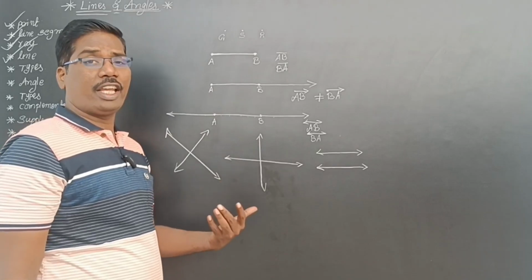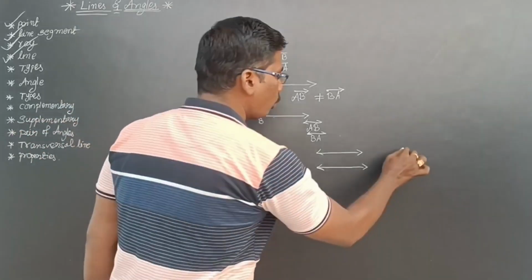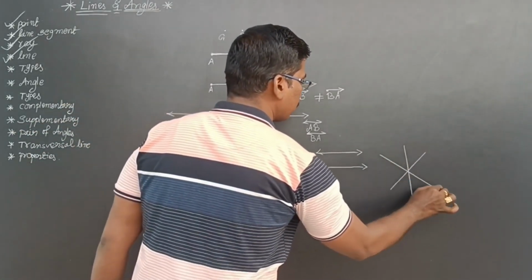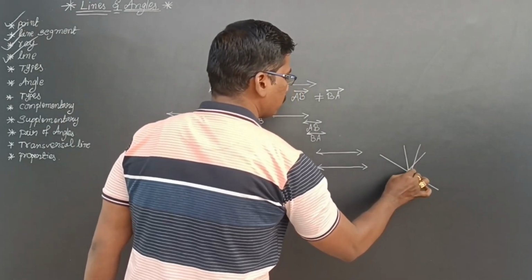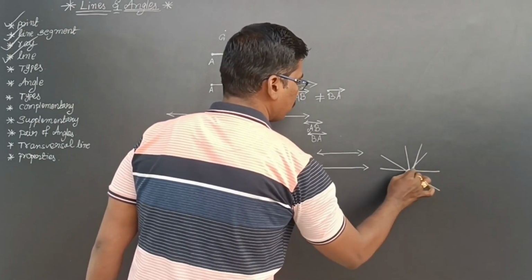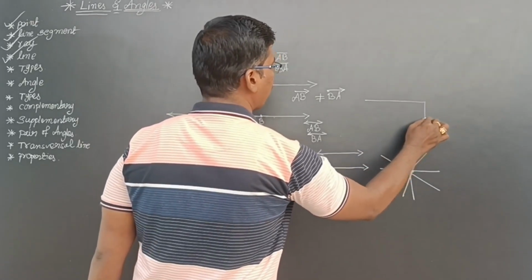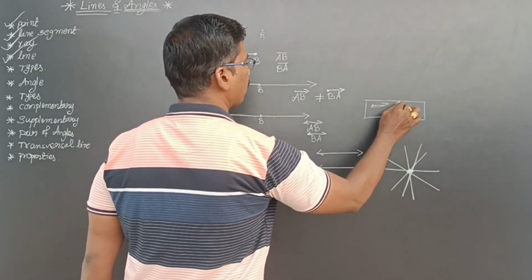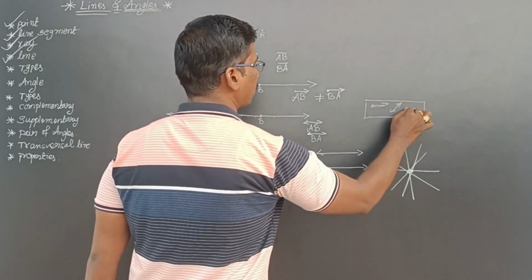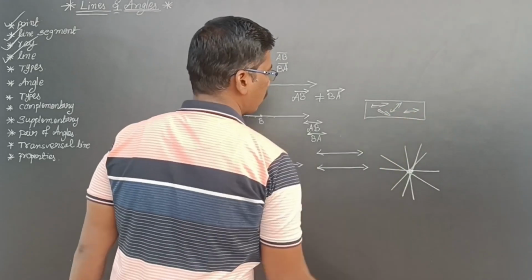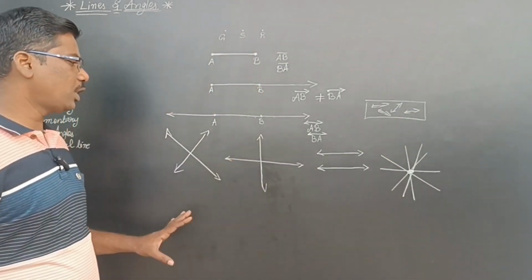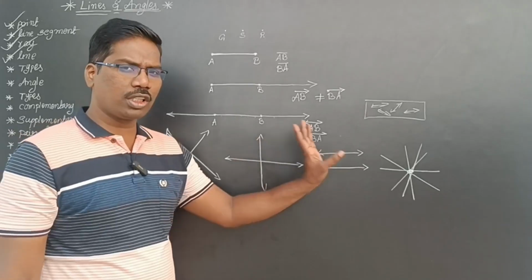Or if I take more than two lines in one plane, like this. So, these are the possibilities if I take lines. These are the types.